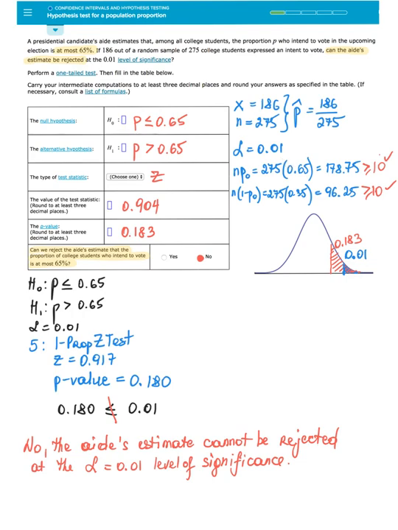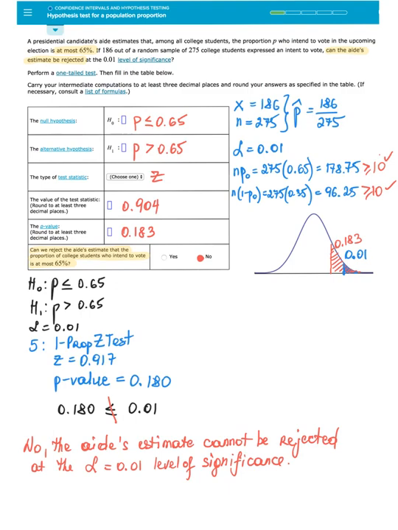Whenever you need to perform a hypothesis test on a population proportion, you need to make sure that the requirements are met, and the requirements are randomness of the sample, and also that the products n times p sub 0 and n times 1 minus p sub 0 are at least 10. So I'm quickly checking these facts, and they are met, and I'm ready to move on with this process of hypothesis testing.